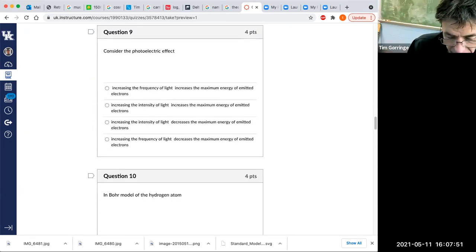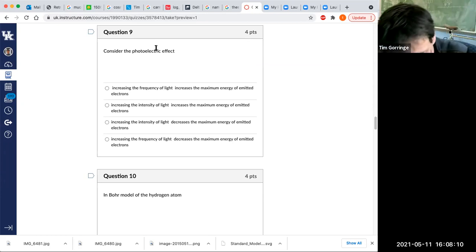Okay, question 9, photoelectric effect. So photoelectric effect, if you remember, is when you shine light on a metal, you can liberate electrons from the metal. Electrons will be emitted from the metal. And the equation describing that effect is the following.